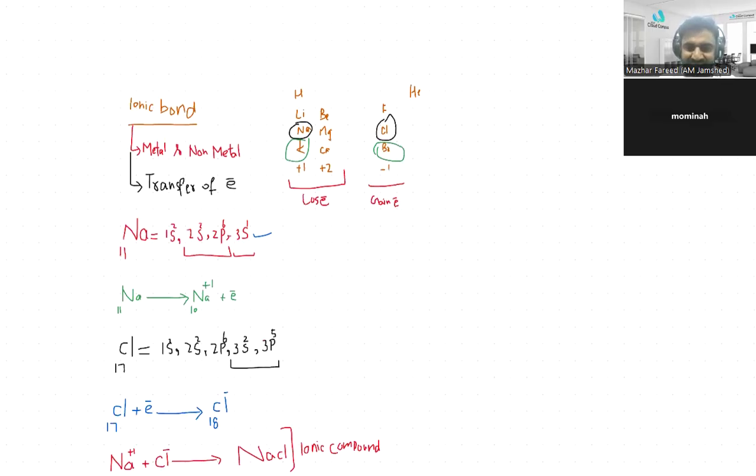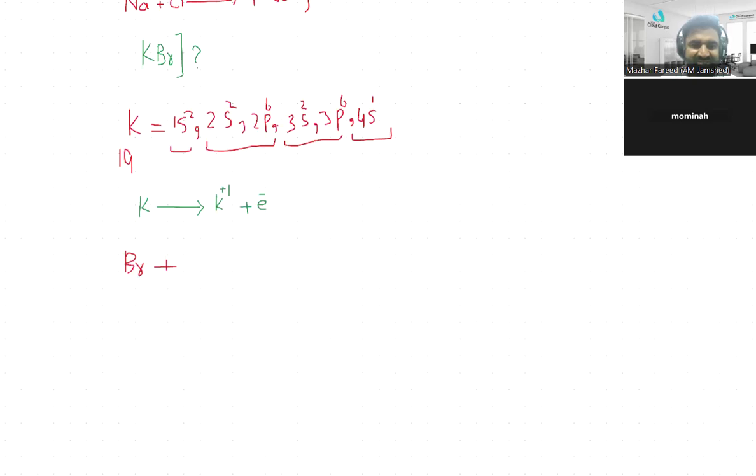So this bromine gains one electron, then it becomes a bromide ion.